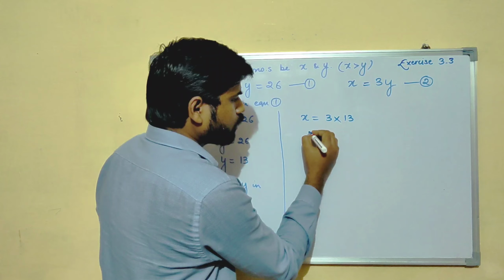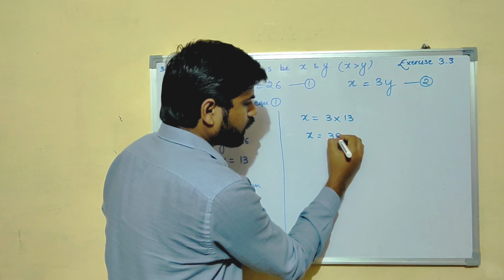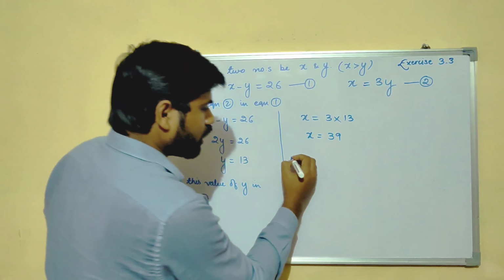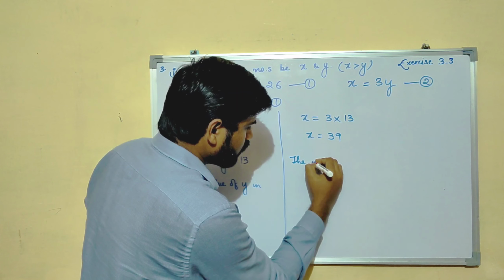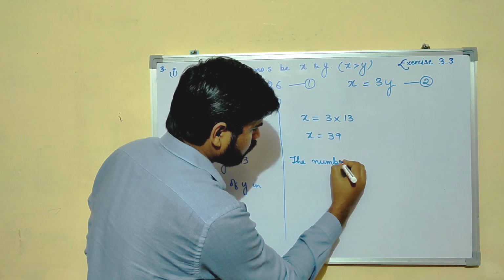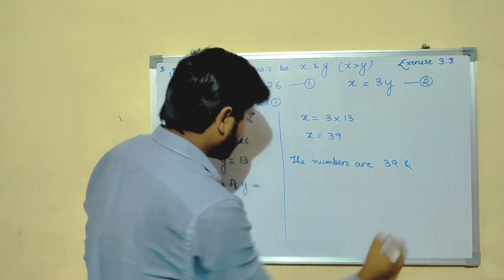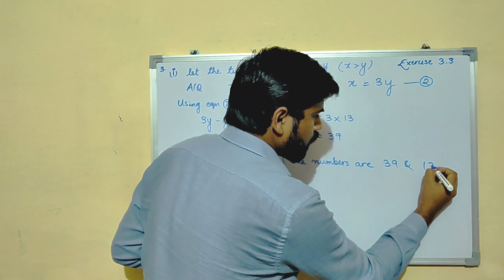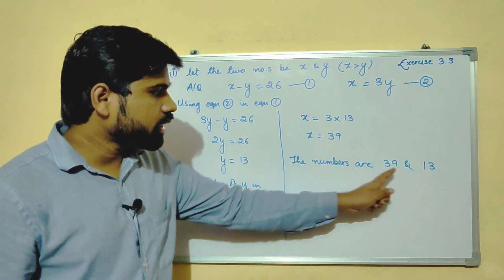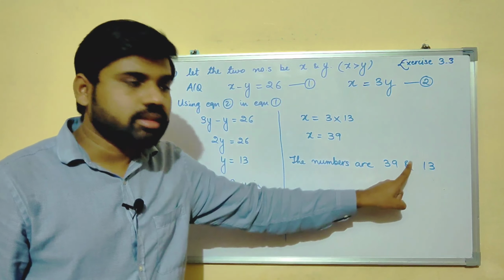So x is equal to 39. So the numbers are 39 and 13. And you can clearly see that 3 times 13 is 39.